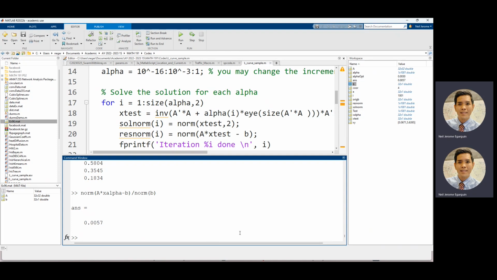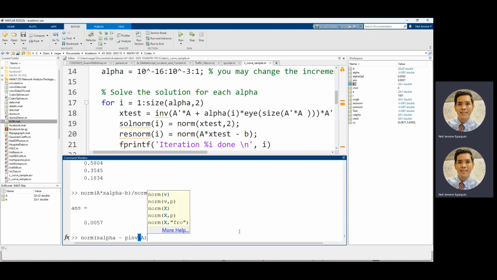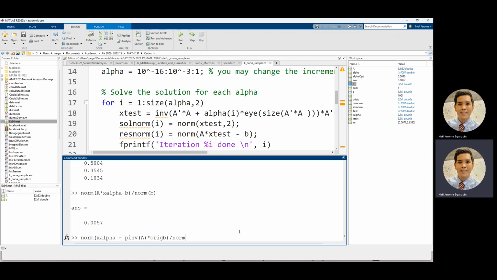Well, I don't have the actual solution here, but you can compute it by taking X alpha minus the pseudo inverse of A times orig B, the original B. And then you divide it by the norm of the original B. And you see that we have 3.67% relative difference.